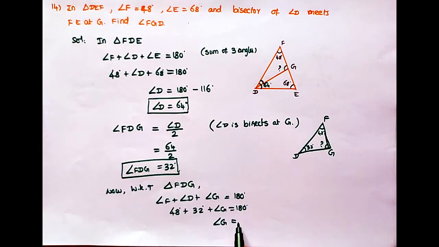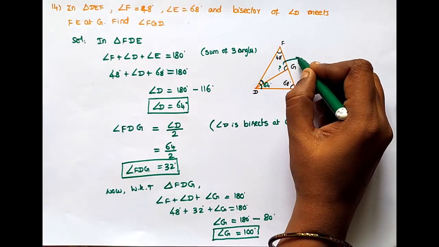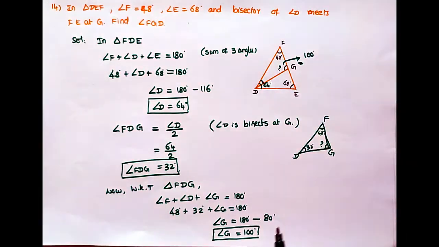Now angle G equal to 180 degrees minus, what is the value of 48 plus 32? 48 plus 32, 80. So angle G equal to 180 minus 80, 100. So we find that is 100 degrees. That is the answer.